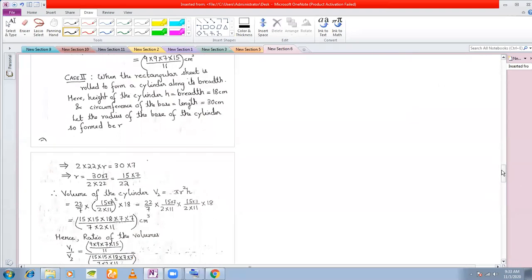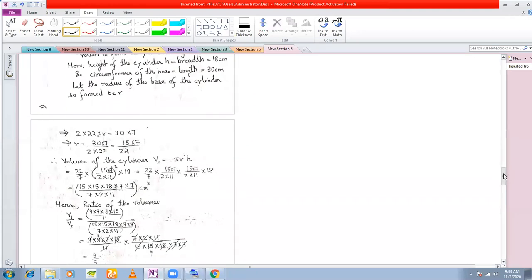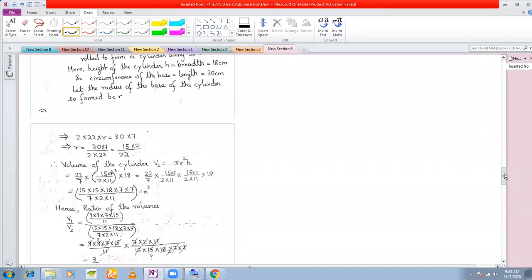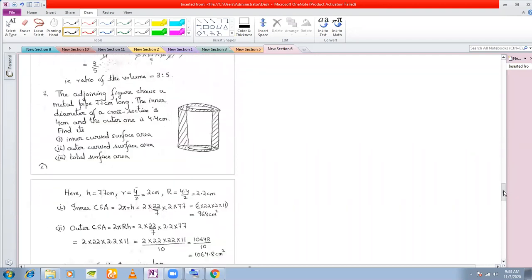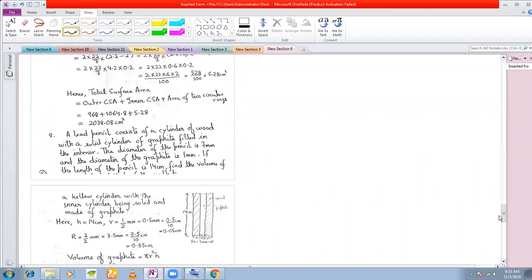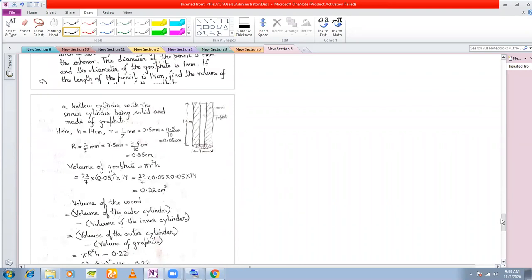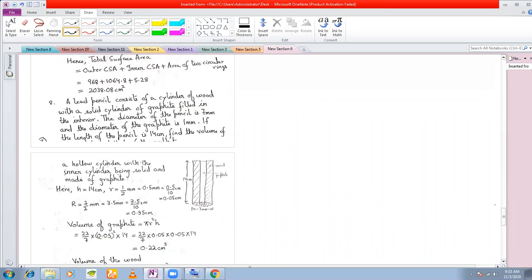When a rectangular piece is rolled, I showed you that if it is rolled along the length, then your breadth becomes the circumference of the base and the length becomes the height. That I showed you in the beginning. What I am going to work out here is a problem on hollow cylinders, this one, a lead pencil. But since I don't have time left here, I'll stop here for today.